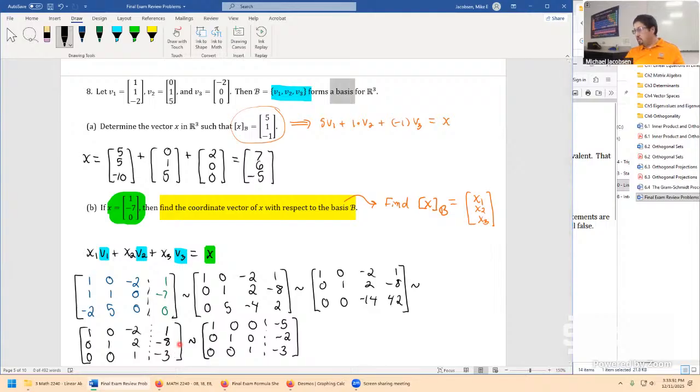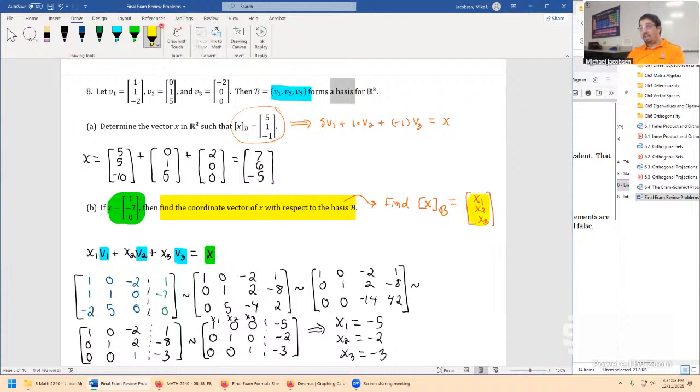And then recall, this is x1, x2, x3. So if you read out this augmented matrix to give the system of equations, it's a fast system. x1 is negative 5, x2 is negative 2, x3 is negative 3, and that's precisely what we want to find.